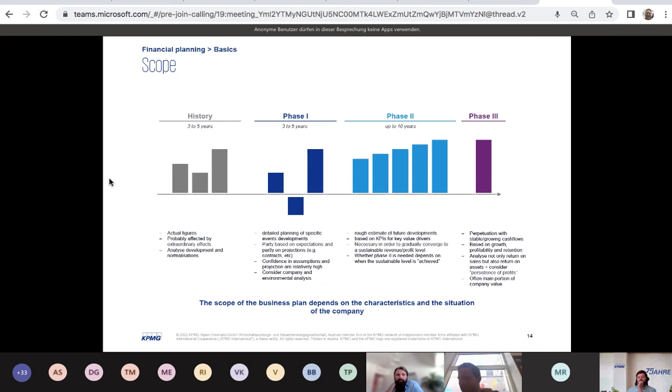Well, just to give you a short idea of what you could do: you start with the traditional phase one, which is 2 to 5 years, and this is your short-term future, where you will be able to make comparably detailed assumptions about the company, right?